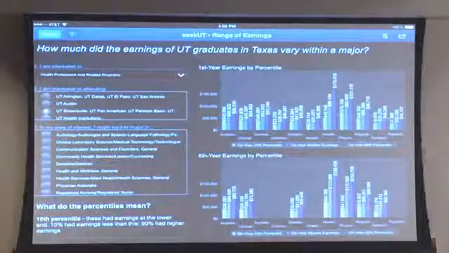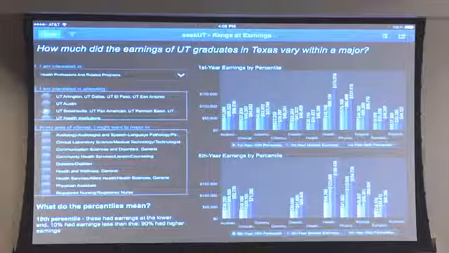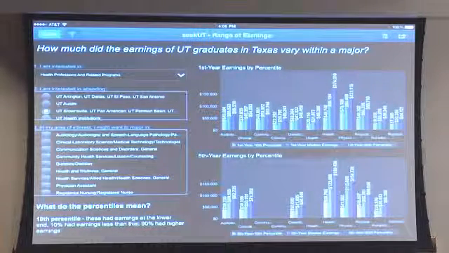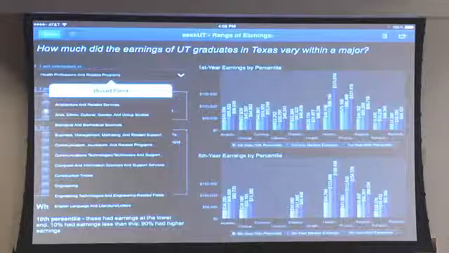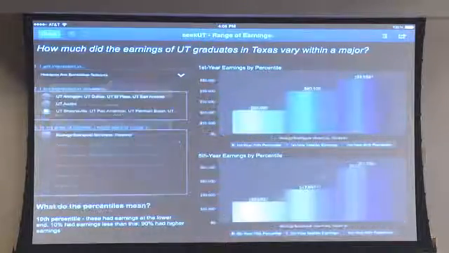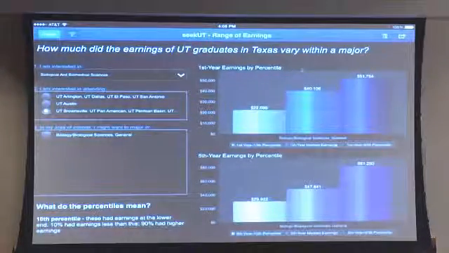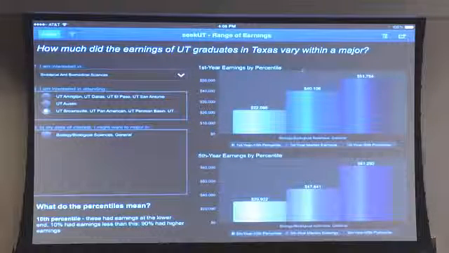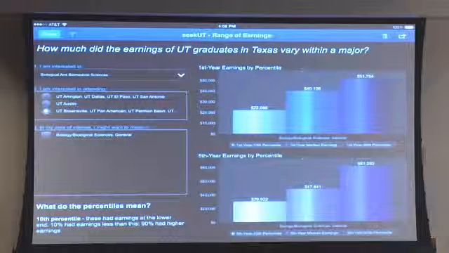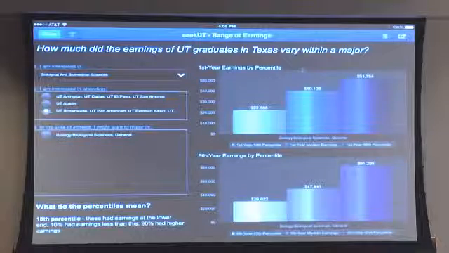So then the student might ask the question, how much did the earnings of UT graduates in Texas vary within a major? So let's pick a different program, biological and biomedical sciences, and we'll pick our comprehensive schools, UT Brownsville, Pan American, Permian Basin.